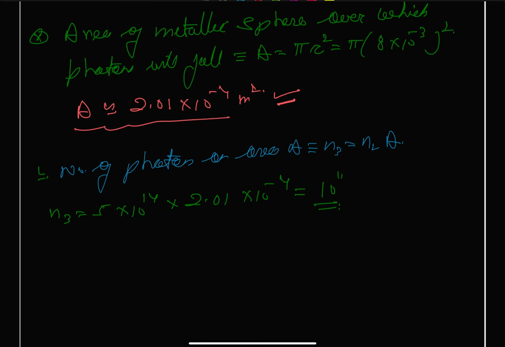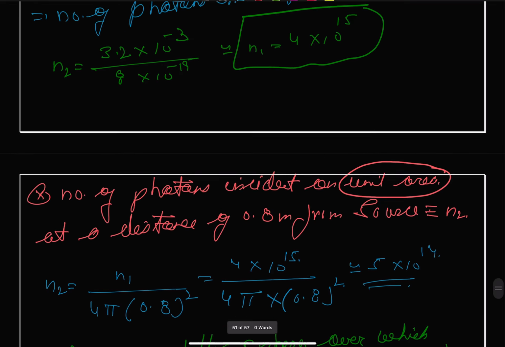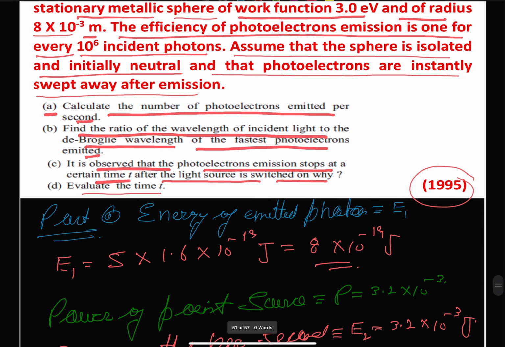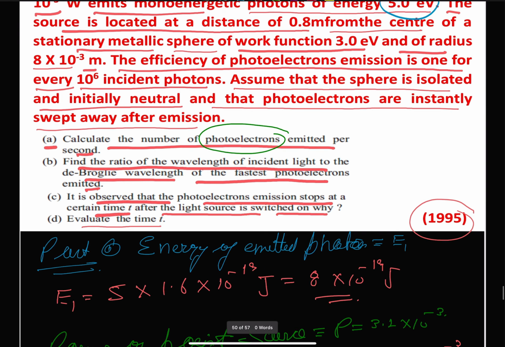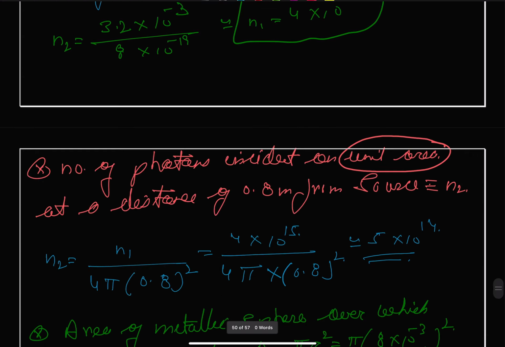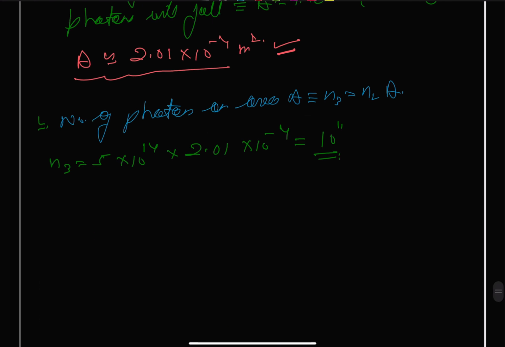Now we found out the number of photons, and we are supposed to find out the photoelectrons. We are given that we have one photoelectron for 10 to the power 6 incident photons, and we know that the number of photons is 10 to the power 11.